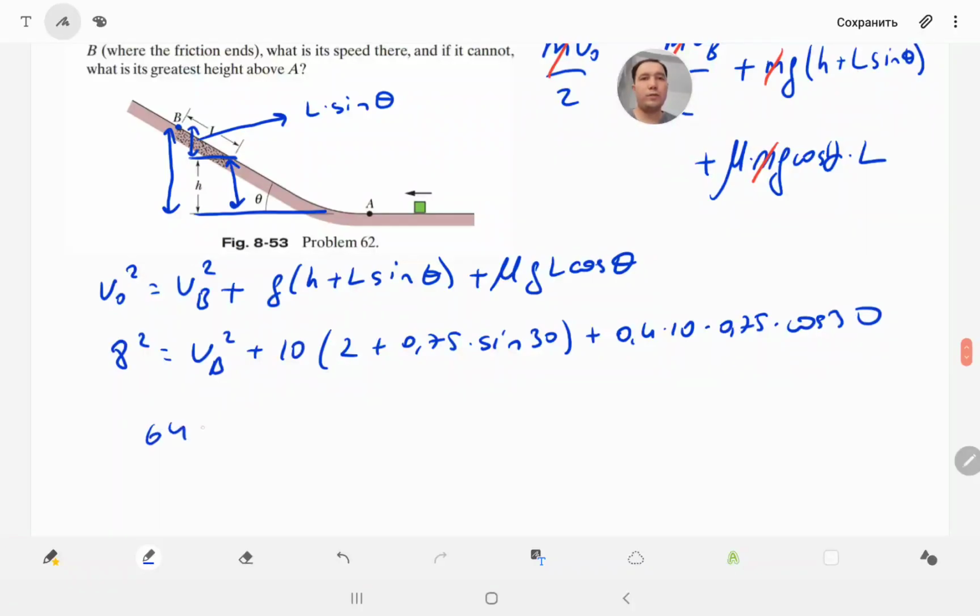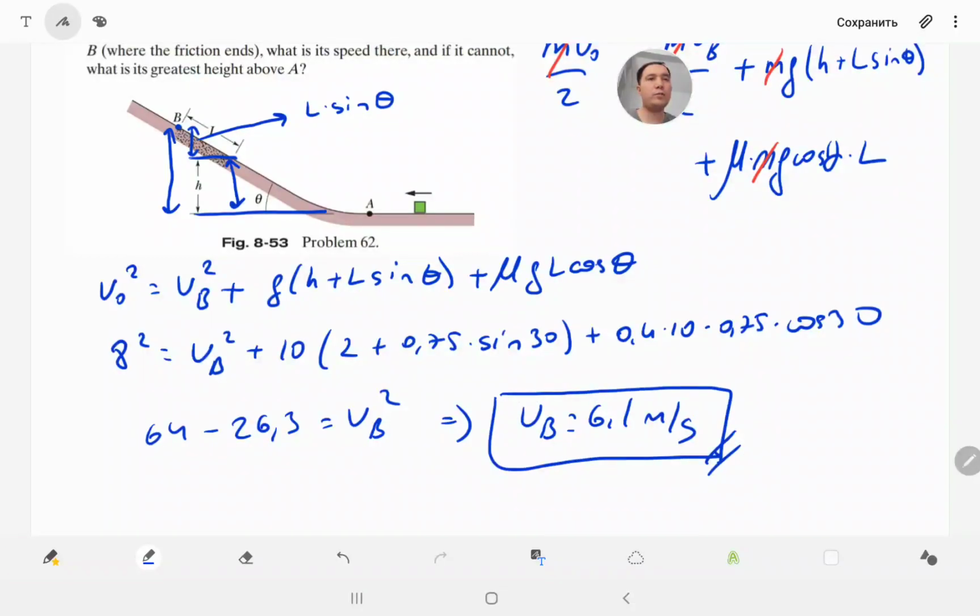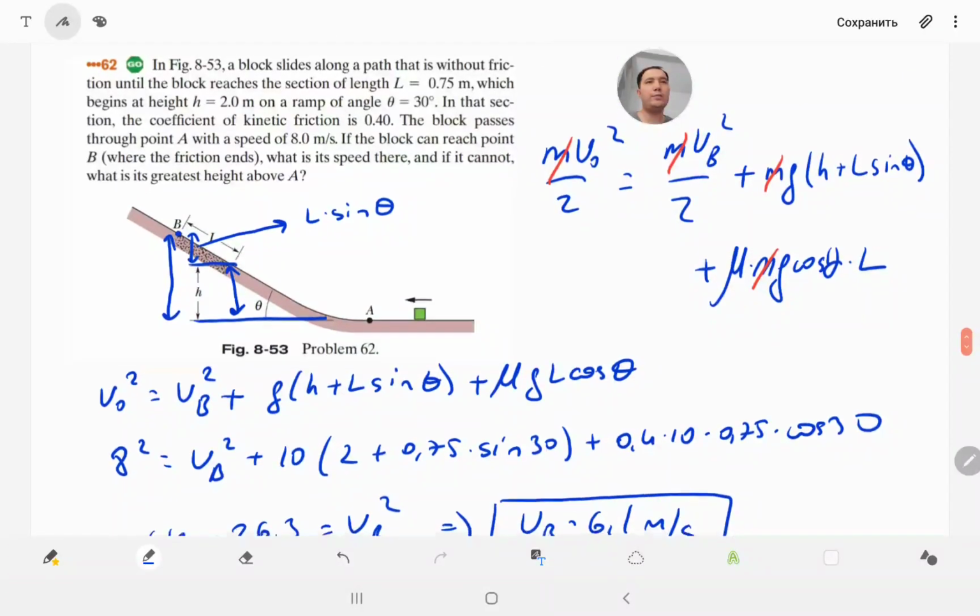So 64 minus 26.3 equals VB squared. So the velocity at point P equals the square root of the answer, 6.1 meters per second. So it will reach point P basically.